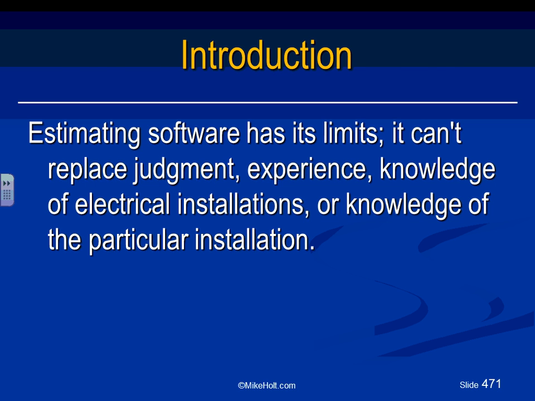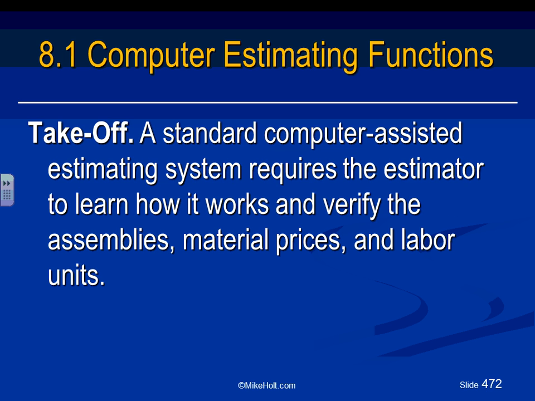Yes, no? Okay. Computer estimating functions: takeoff. This is just a few things about what software like McCormick will do for you. Takeoff is so easy. You can do the takeoff by items and assemblies, exactly what we said, guys. So we have the assemblies, material prices, and labor units.